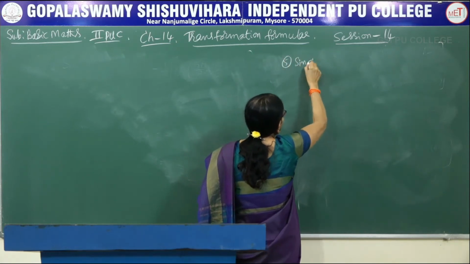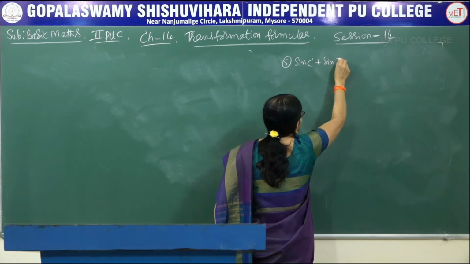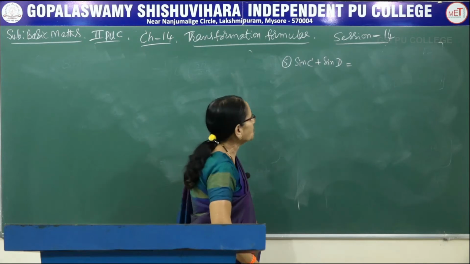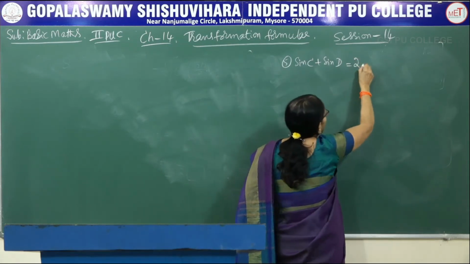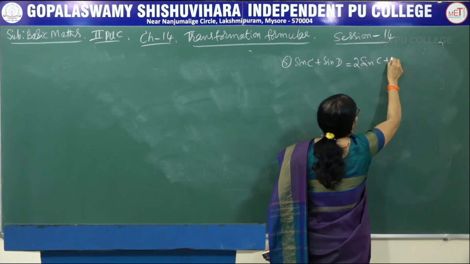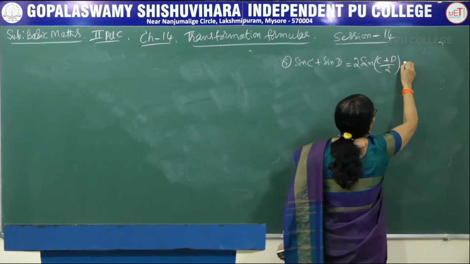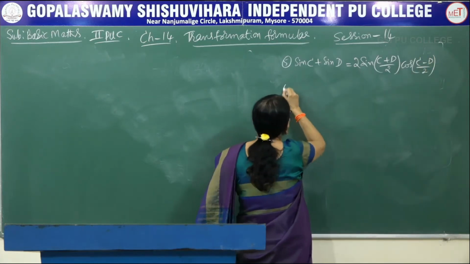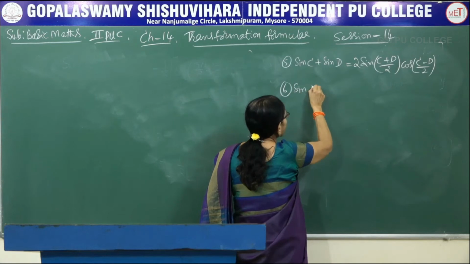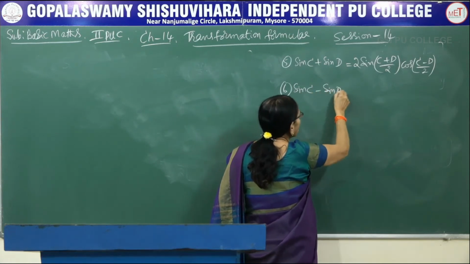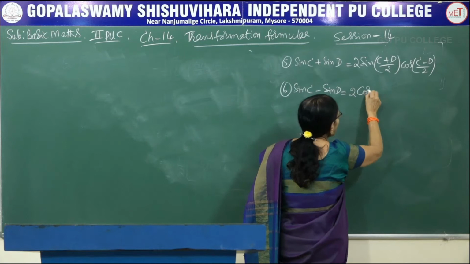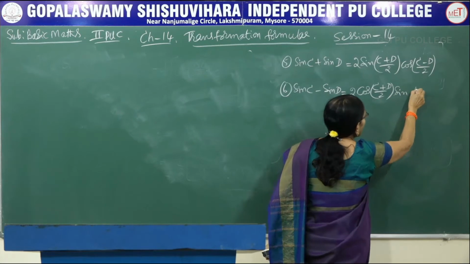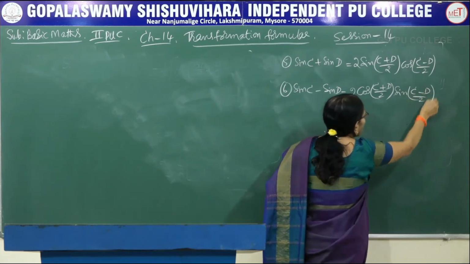It is sin C plus sin D. You remember in the previous session, I changed the angles from A B to C D. So, sin C plus sin D, it is 2 sin C plus D by 2 into cos of C minus D by 2. Similarly, the sixth one, sin C minus sin D is 2 times cos of C plus D by 2 into sin of C minus D by 2.